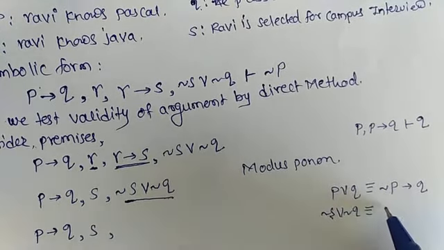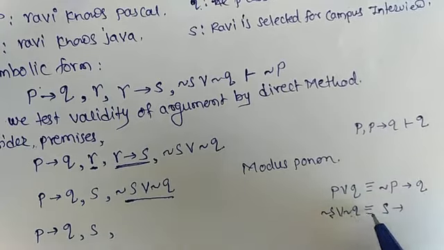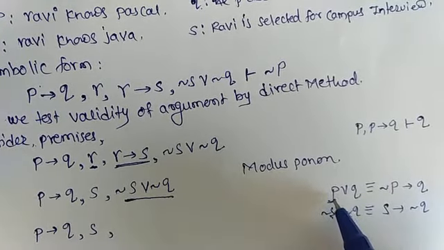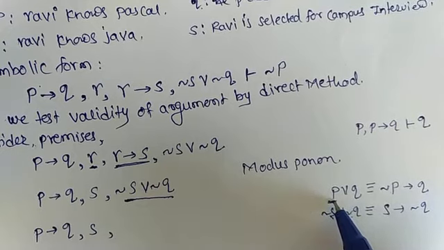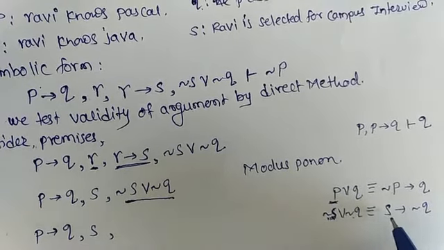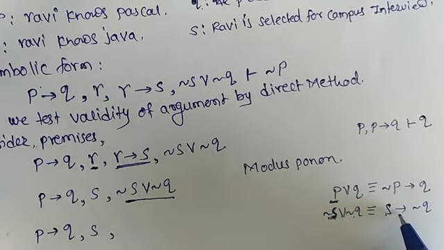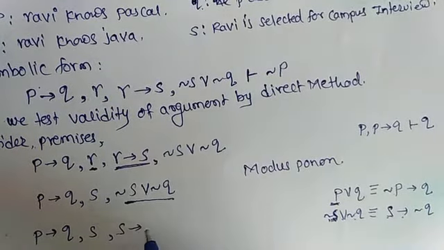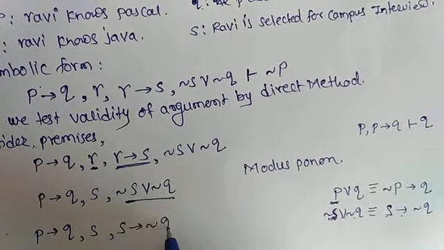Negation of negation S is S, so it is S implies negation Q. That means the first term gets negated. So double negation on S is S, and or changes to implies. So here we get S implies negation Q.